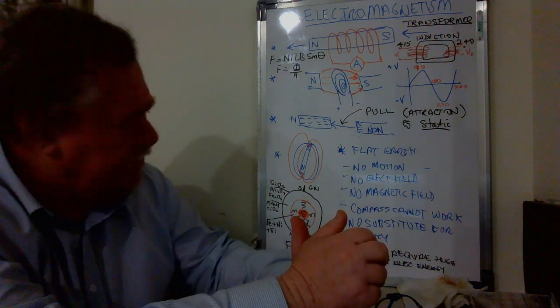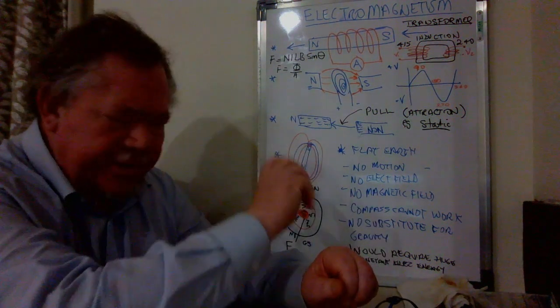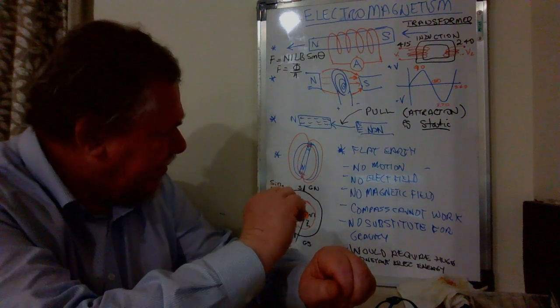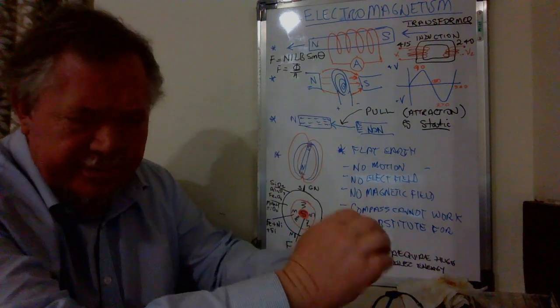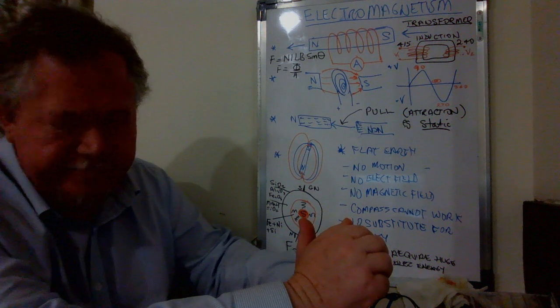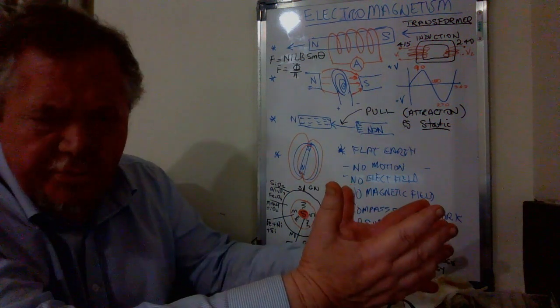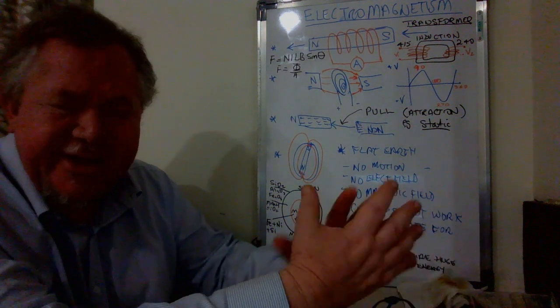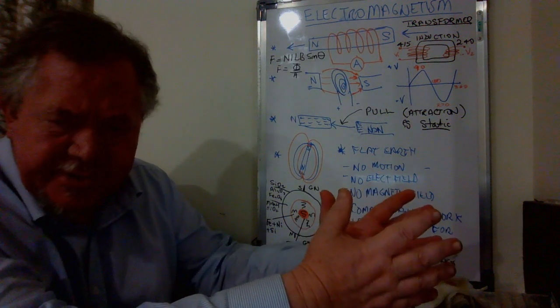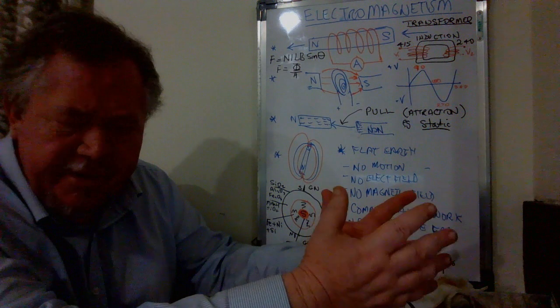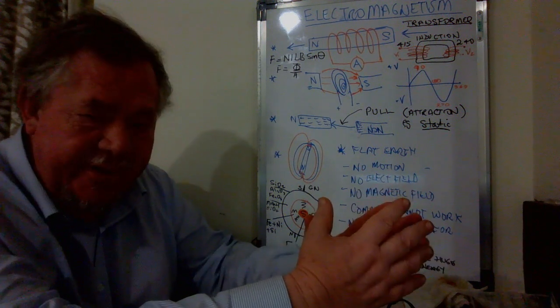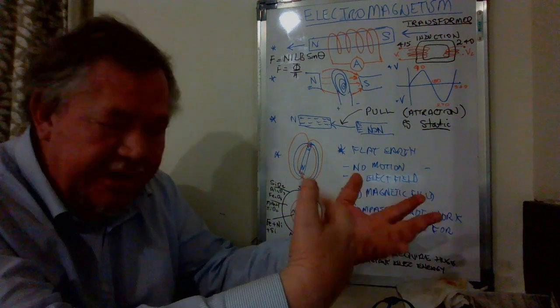The field then goes out of the north and into the south. Now we know this not because we're guessing. We know this because we have instruments that can actually measure magnetic fields.